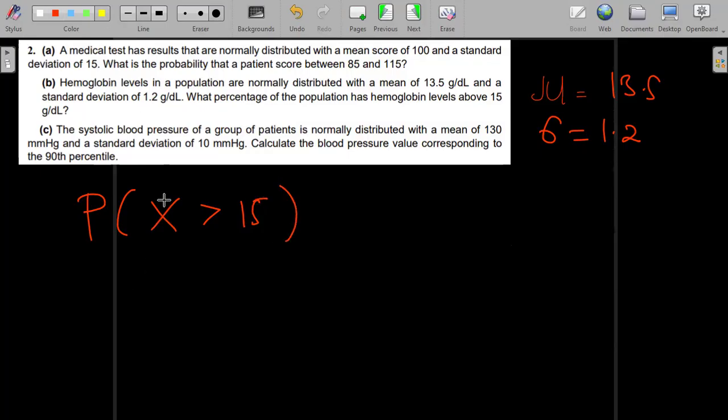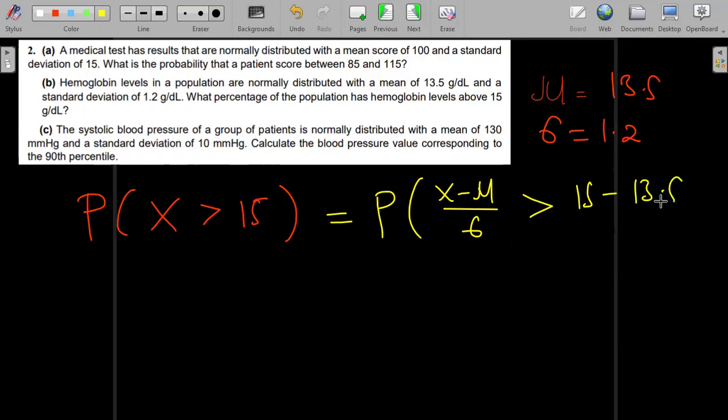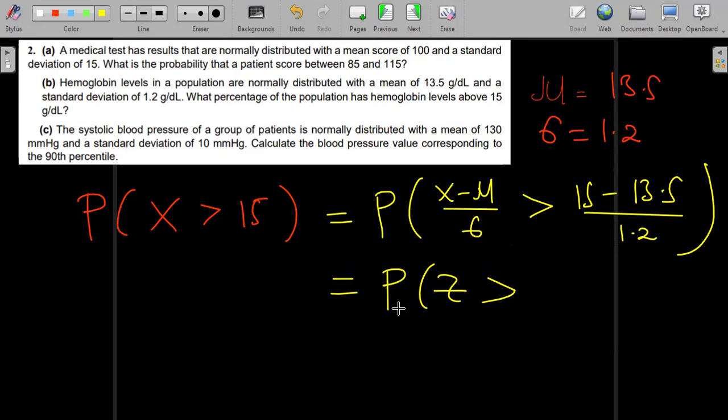So let's convert this X to a Z score and this 15 to a Z score. This will be equal to the probability that Z, which is X minus the mean divided by the standard deviation, is greater than 15 minus 13.5 divided by 1.2. Punching that into the calculator, 15 minus 13.5 divided by 1.2 is 1.25.